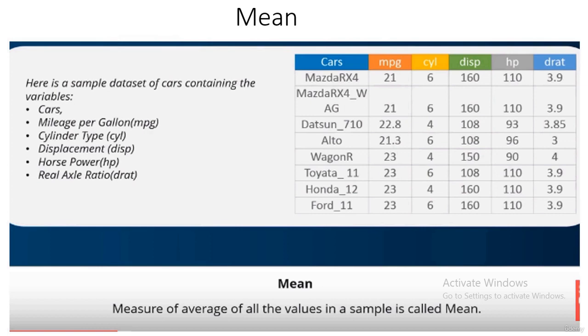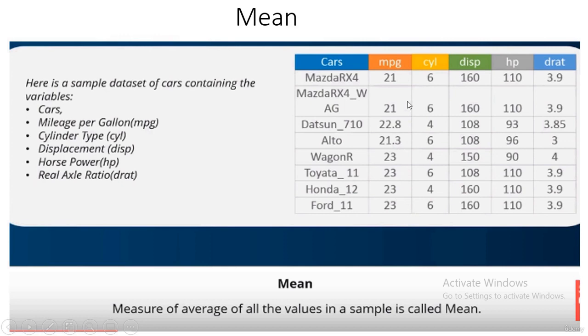All the data is given. For example, if the stakeholder asks for the average or the mean of miles per gallon, what we can do is take all the data from the variable and divide it by the total number of records. In this case it is 1, 2, 3, 4, 5, 6, 7, 8.